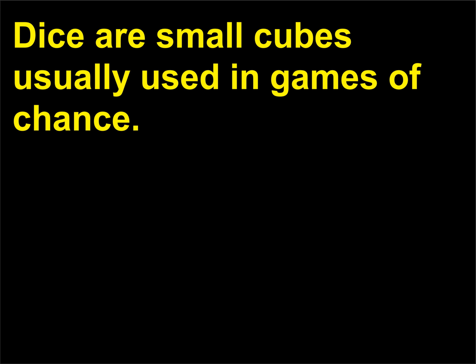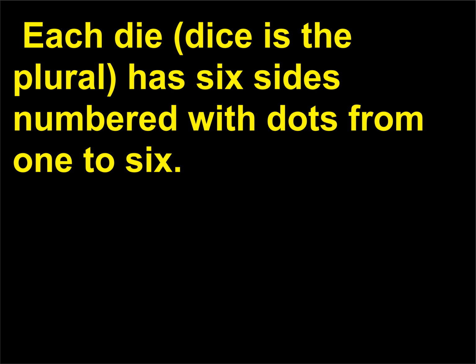What are dice? Dice are small cubes usually used in games of chance. Each die, dice is the plural, has 6 sides numbered with dots from 1 to 6.